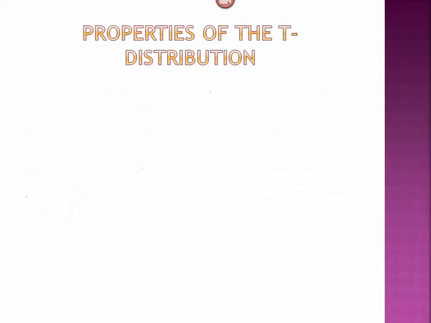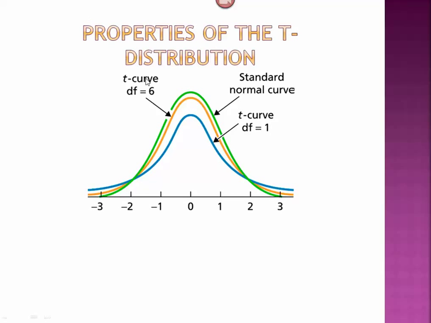Here's a picture of a couple of t-curves compared to the normal curve. The normal curve is represented with the green curve. You can see that the other two curves are very much like the z-curve in nature. They're bell-shaped and symmetrical, and they're centered around 0.